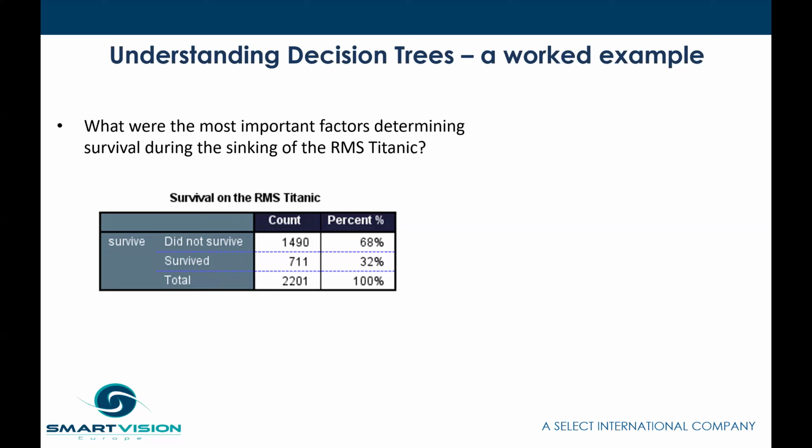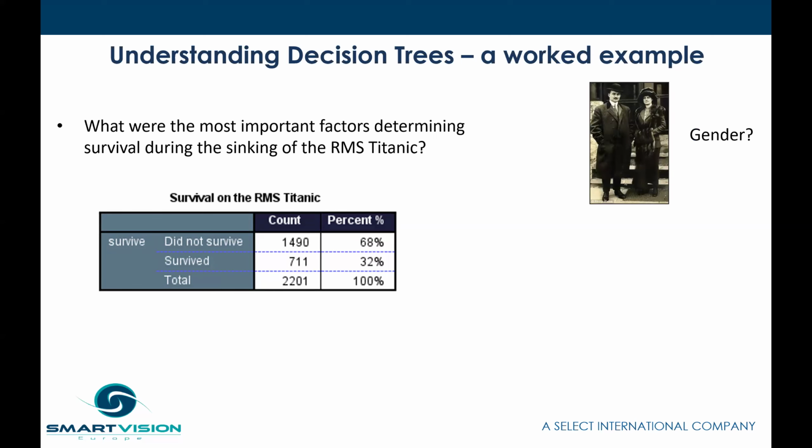And if you do that, you'll find that 32% of people survived, 68% did not survive that incident, the sinking of the Titanic. And most people, if you ask them in a room full of people what they think are the factors which drove survival on the Titanic, can pretty much guess it straight off. They can say, well, I would imagine it's going to be something like whether or not you're male or female.